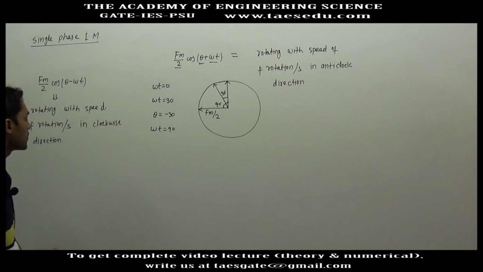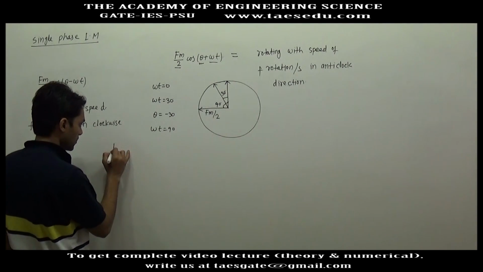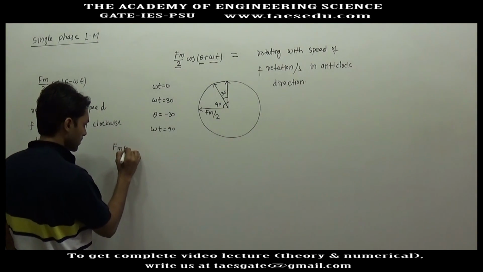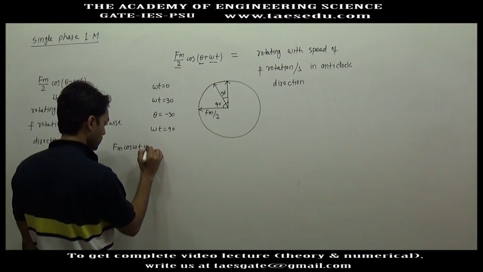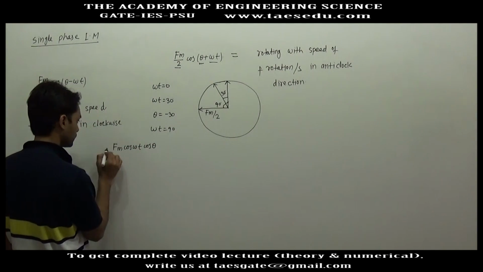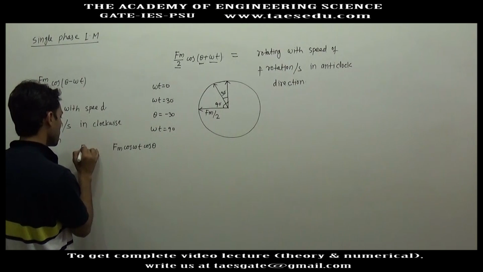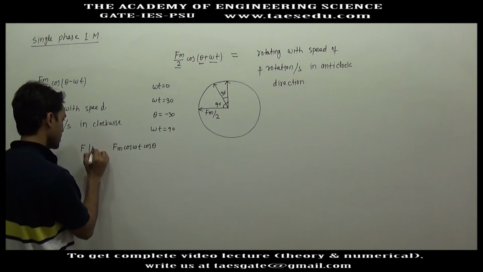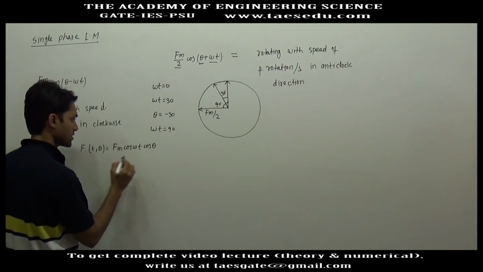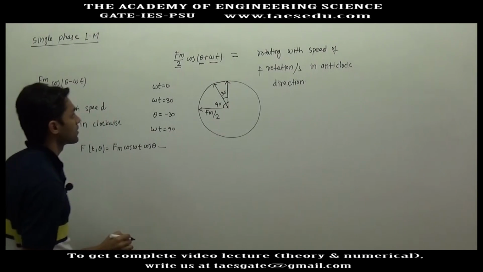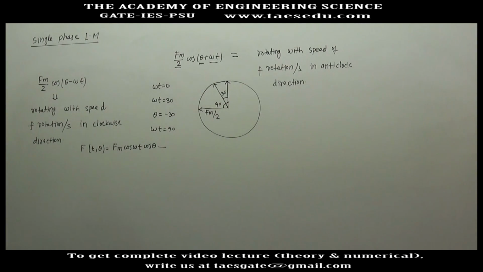So what we have done so far: we have Fm cos omega t into cos theta. This is the magnetic MMF at any time t and theta, and this has been split into two parts. The one part is rotating in clockwise direction.